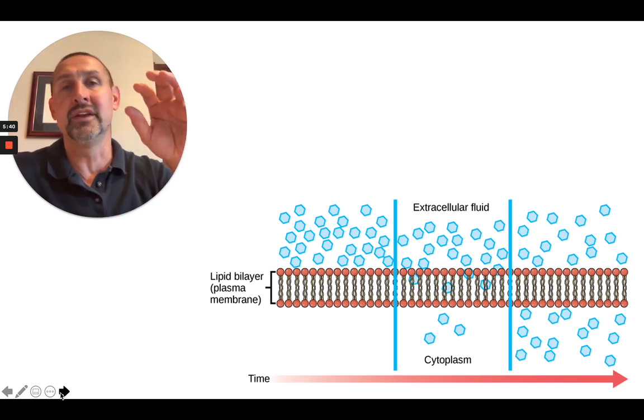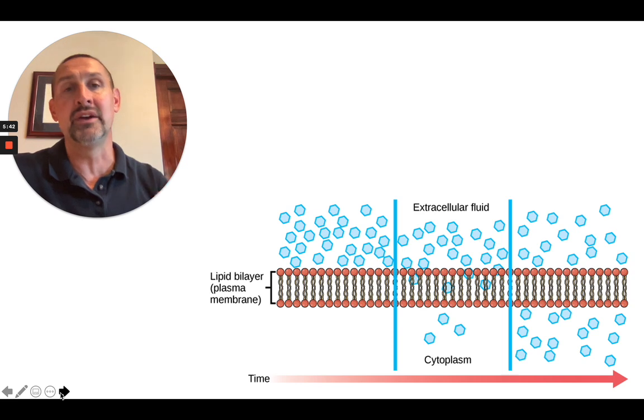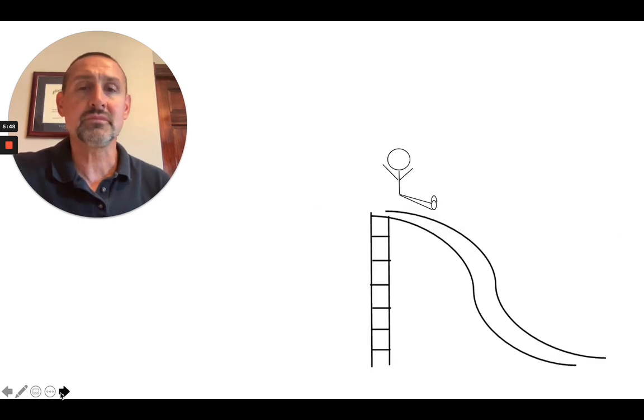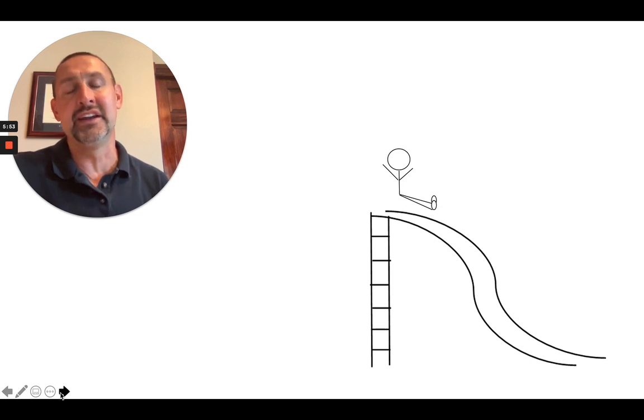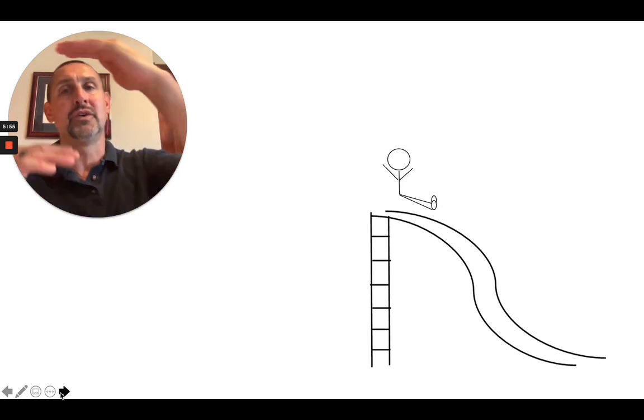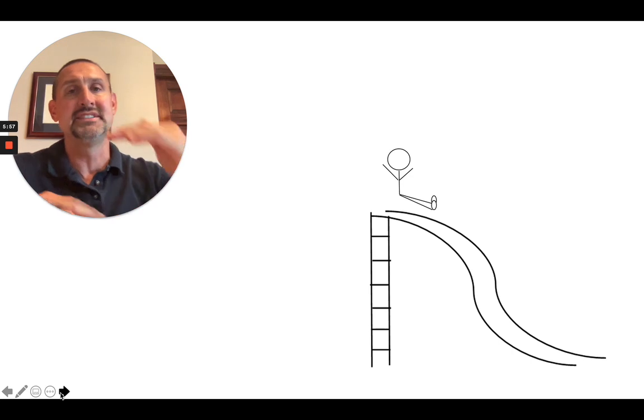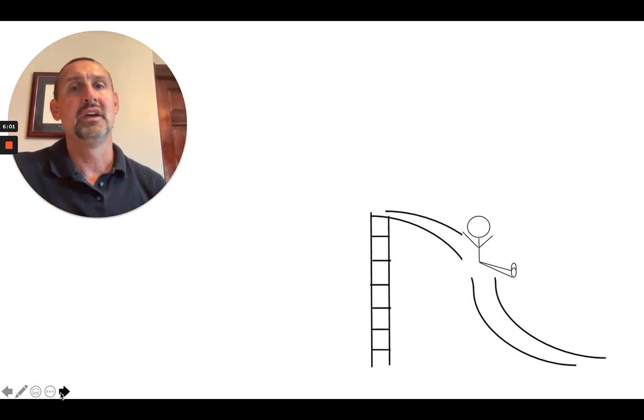They're going from an area where there are a lot to an area where there are fewer. They're just spreading out by random movement. That's diffusion. So think of diffusion as passive. It doesn't require any energy. It's kind of like going down a slide. You're going from a high place to a low place, an area of high concentration to an area of low concentration.